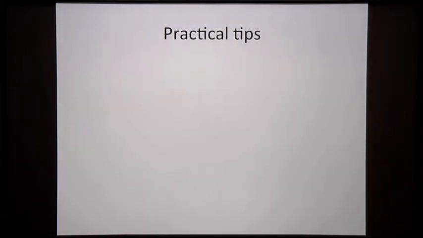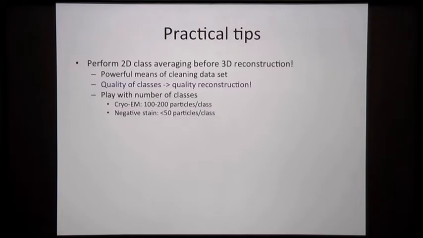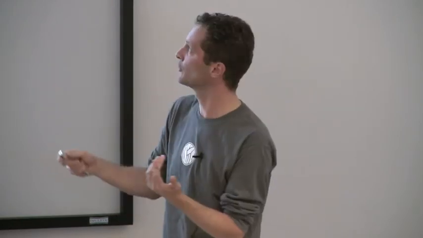Just one last slide with some practical tips if you start doing this. We always perform two-dimensional classification before we go into 3D reconstruction because it's a very powerful means of cleaning your data set. Bad classes usually have particles that should not be in your 3D reconstruction. Throw them out.